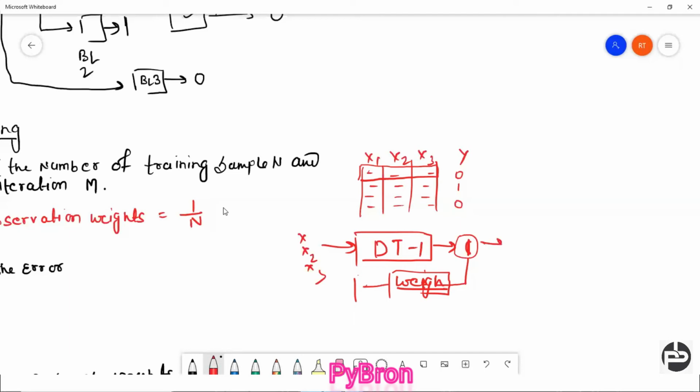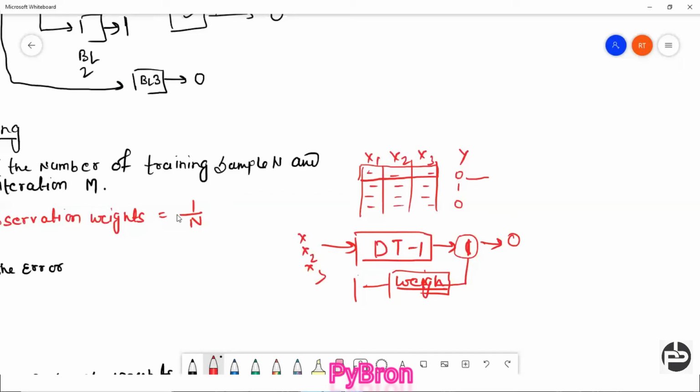This sequence of operations will run until we get 0. Our expected output should be 0, but it is giving 1, so until it gives 0, this iteration will run with the change of weight.